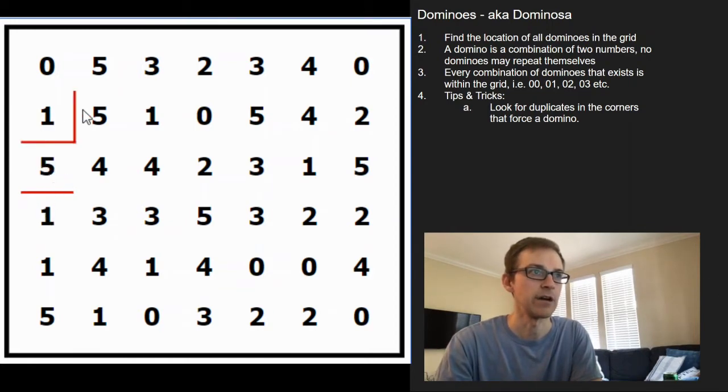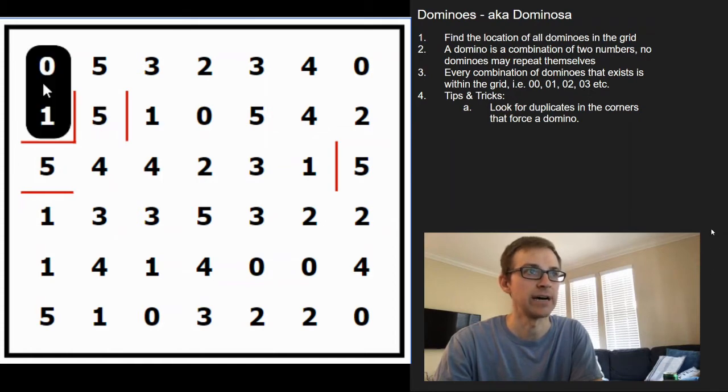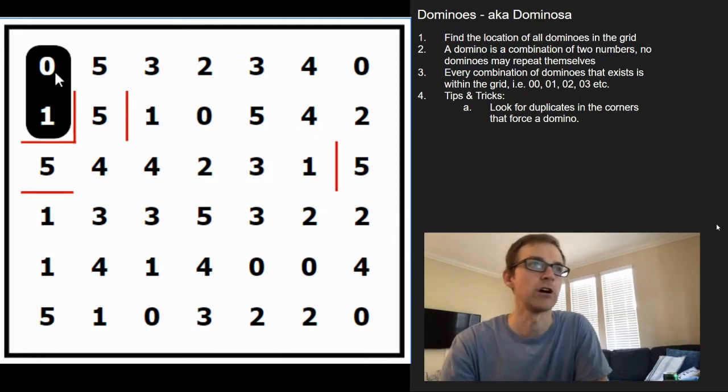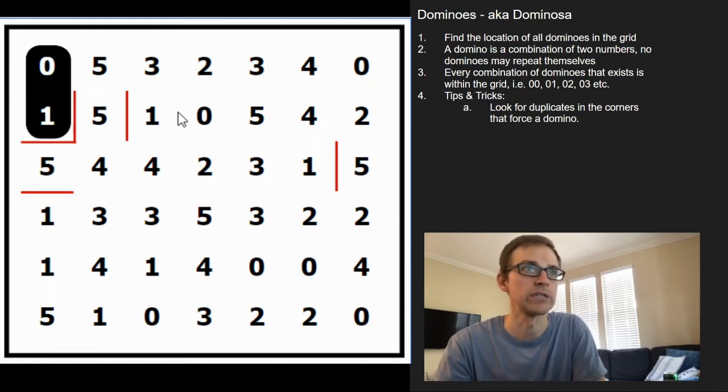And same thing there. And you can see what this has done, drawing a line between all the 1s and 5s, is it forced this domino to exist, this 0, 1. Because this 1 can't go anywhere else but up. So that is helpful because now we can repeat the process of drawing a line between all the 0s and the 1s.